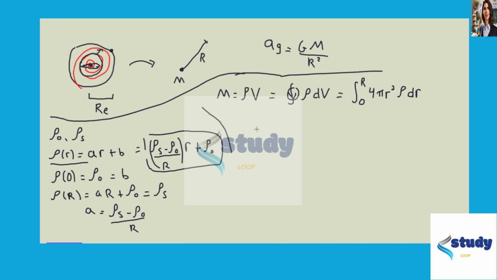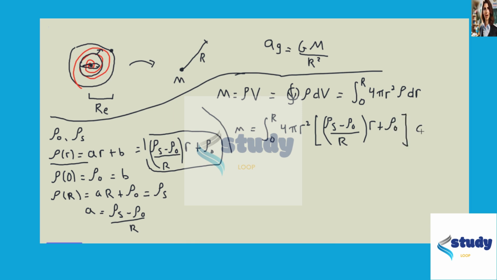So looking at this integral now, we will have 0 to R. So this is what our mass is going to be: 4 pi little r squared. This whole thing is multiplied by our density, so rho s minus rho naught over the radius, and then this is times r, and plus rho naught.